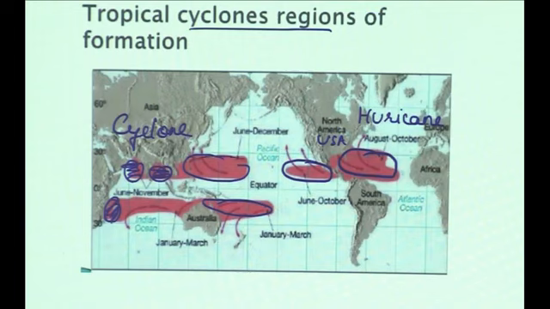In the China Sea belt, including China, Taiwan, Philippines, the system is called typhoon. And in Australia, Papua New Guinea, the system is called Willy Willies.